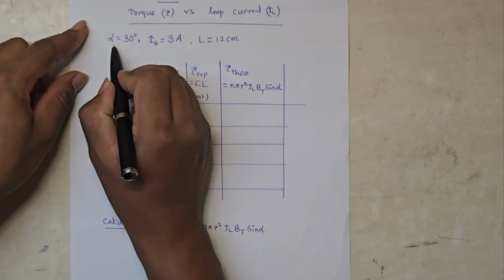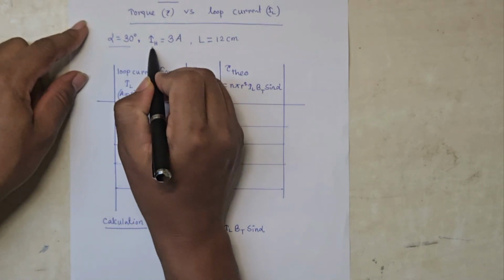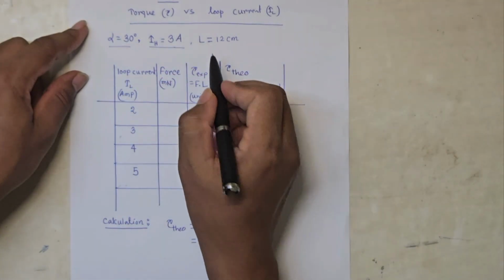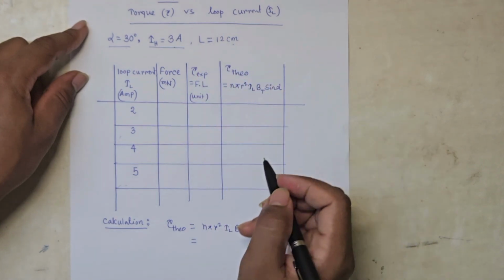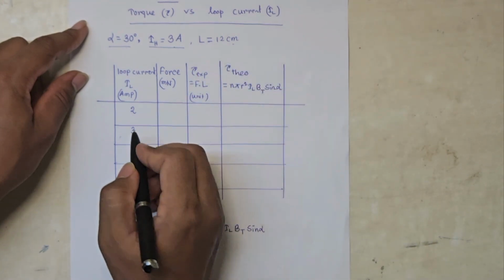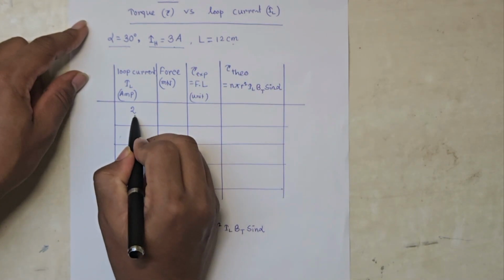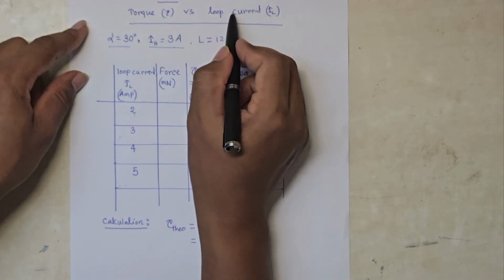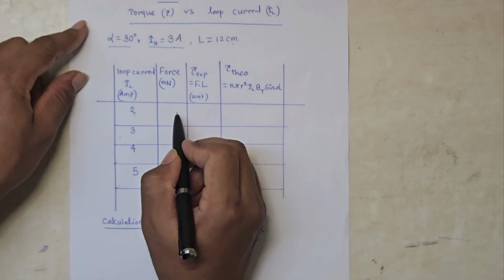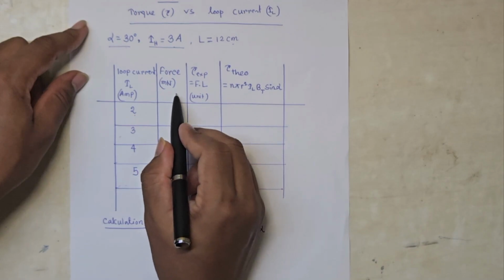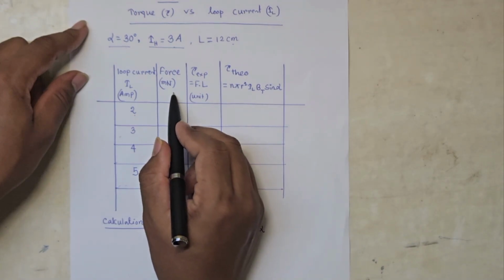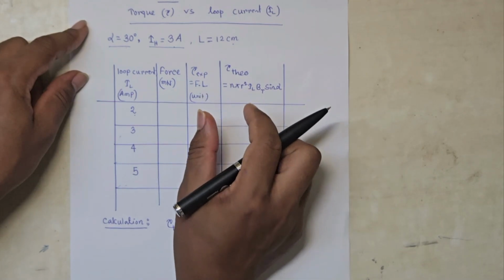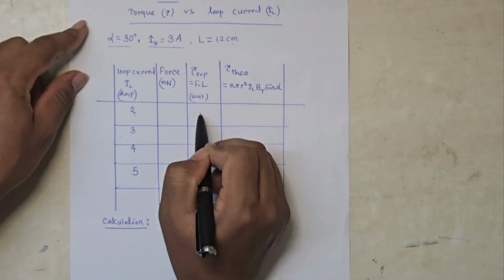In table 2 the angle is constant at 30 degrees, and the Helmholtz current is also constant at 3 ampere; this is another piece of information you have to write here. In table 2 we just vary the loop current. From the torsion dynamometer we get the force value, and if you multiply it with the half length of the torsion dynamometer, we get the experimental torque value.